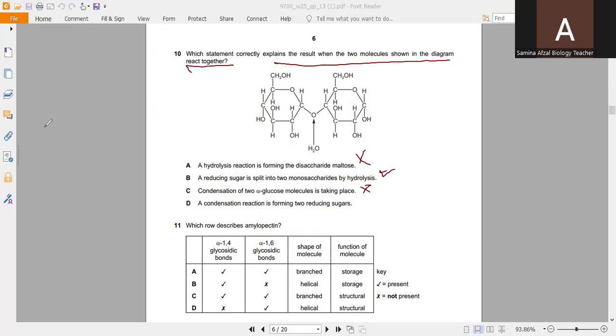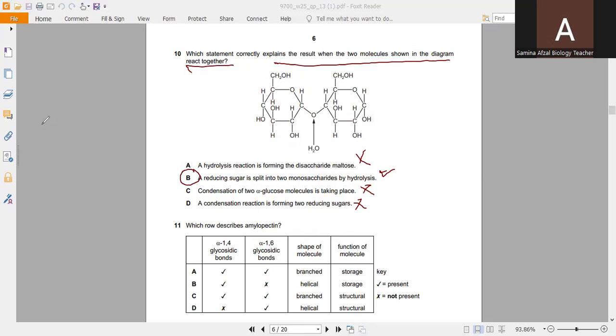D is showing that condensation is forming. No, condensation is actually the formation by the removal of water molecules, whereas this is hydrolysis. So our reducing sugar is split by adding water into two monosaccharides by hydrolysis. So according to this, B is the correct option.